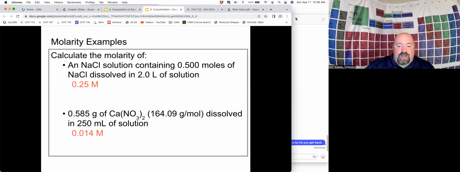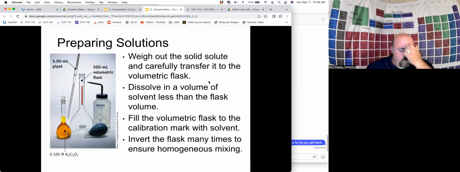Now we're going to look at the process of what we have to do in order to prepare solutions of a certain concentration. One of the more common things that has to be done in various prep rooms or labs is that people always need solutions of certain volumes and certain concentrations for whatever they might be doing.